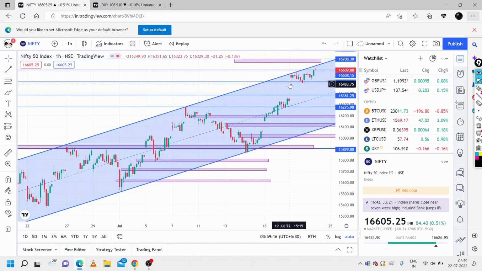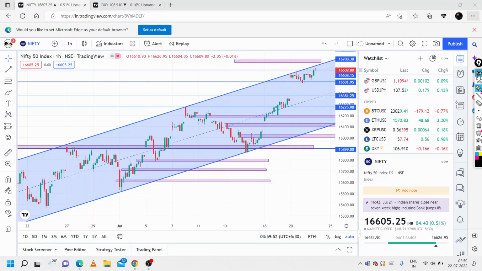We'll see that market formed some sort of double top, but it broke and went up. Now since this double top pattern is broken, now we can see that it is forming a head and shoulders. It might form a head and shoulders pattern and it might come down from there. But if it goes and breaks the channel, then it has some chances that it can go up.